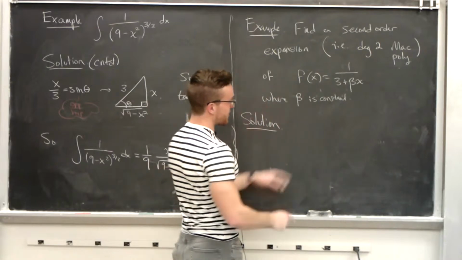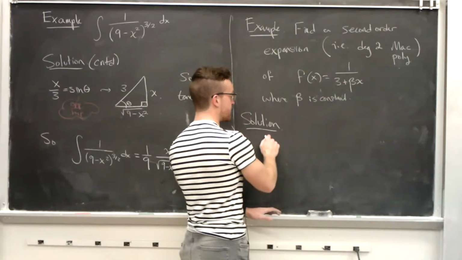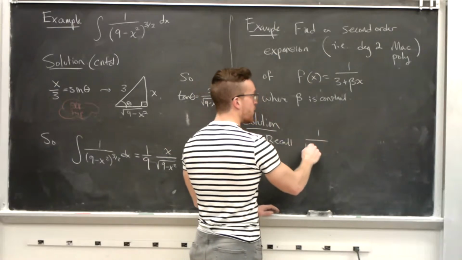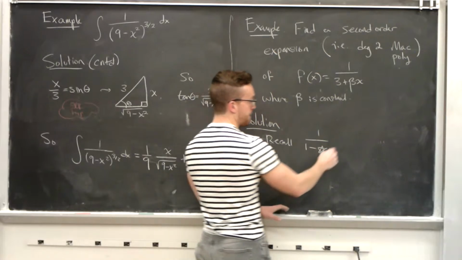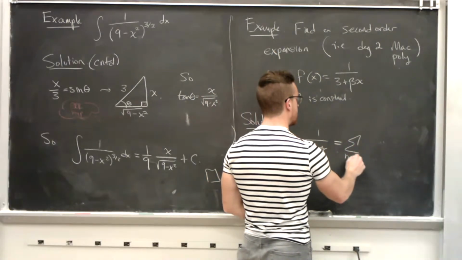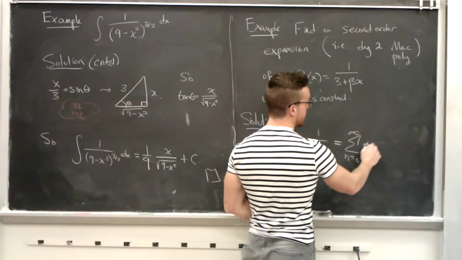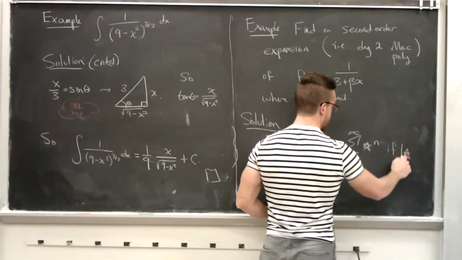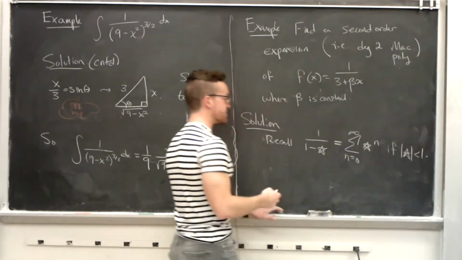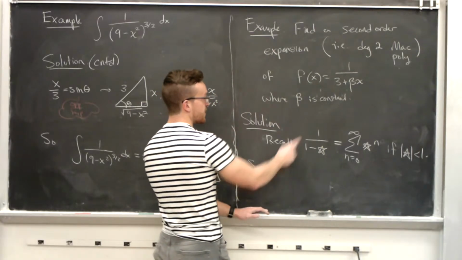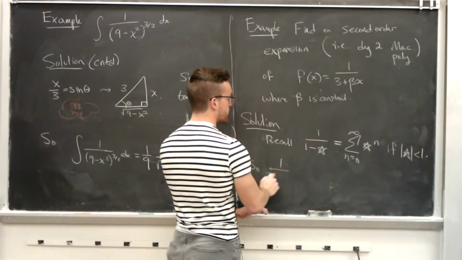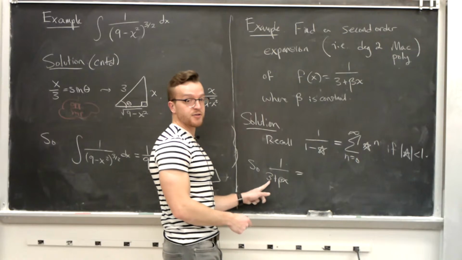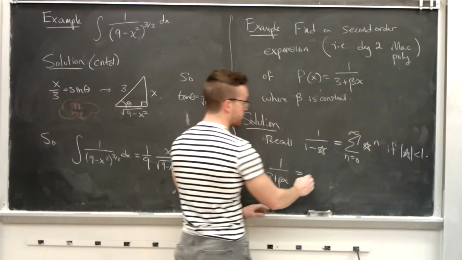So I look at this and I think, how can I compute the Maclaurin series here? I would use the fact that 1 over 1 minus star, I can expand this as the sum from 0 to infinity of star to the n, if the absolute value of the star is less than 1. So that tells me that this thing, 1 over 3 plus beta x, I want to use this to my advantage. The 3 isn't a 1, so I need to factor out a 3.